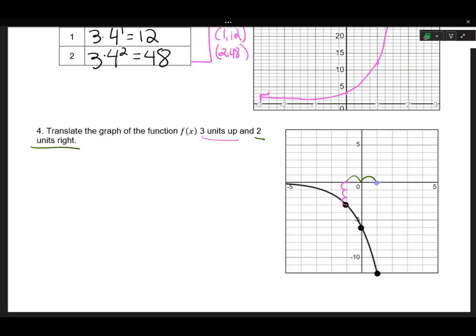There's my new point. Up 3. Right 2. Up 3.